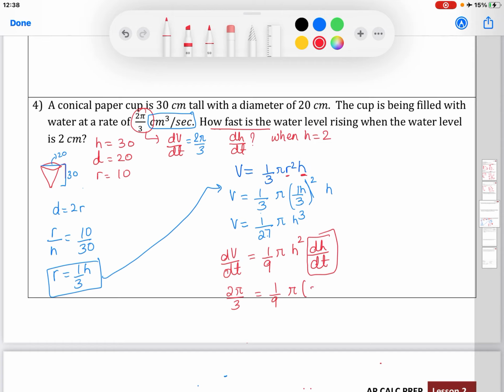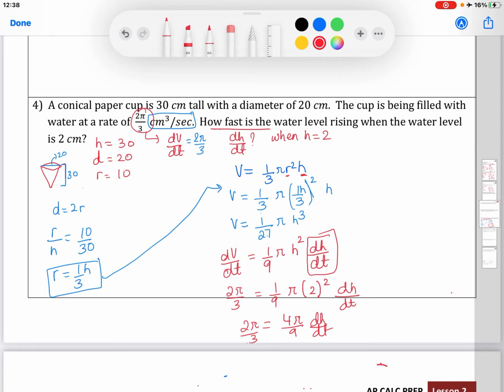equals 1/9 pi. My H, what is my H? Be careful, I'm not going to use the H of 30. I'm going to be using the one that says 2 squared, dH dt. So now if I simplify, this side would be 4 pi over 9 dH dt, and this is 2 pi over 3.